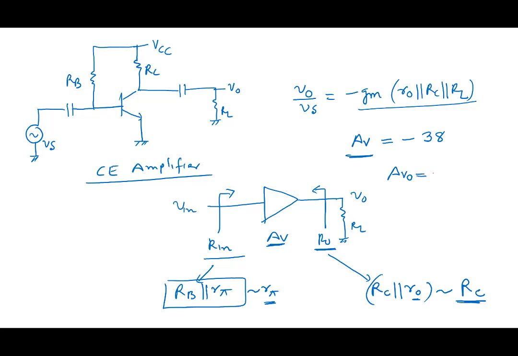That would be equal to minus gm times (r0 parallel RC). And this will be approximately equal to, most of the time r0 is very large, minus gm RC. So that's the open circuit voltage gain here, AV0.